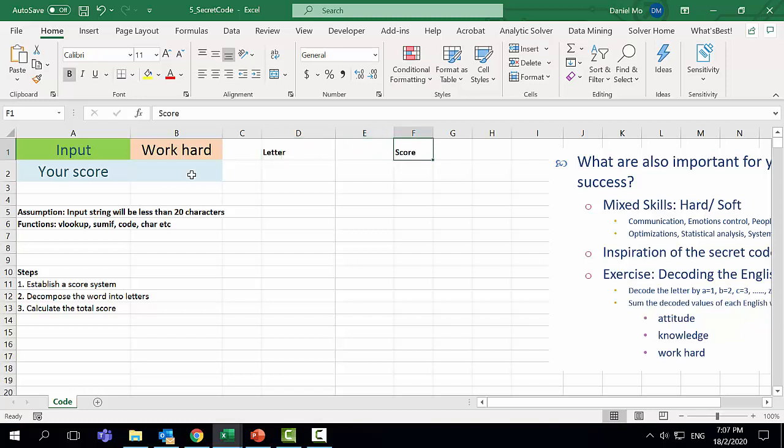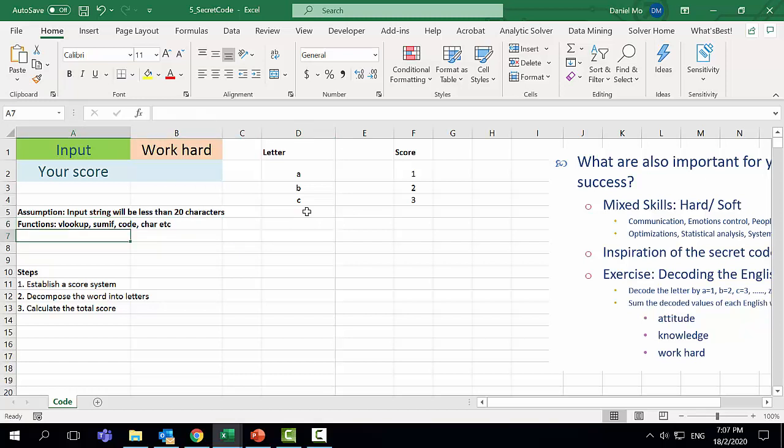What we want to do is build up the linkage between each letter and the corresponding score, like A is equal to 1, B is equal to 2, and then C is equal to 3, for example. So one way is we just type all of the information so that we can calculate each score for each letter.